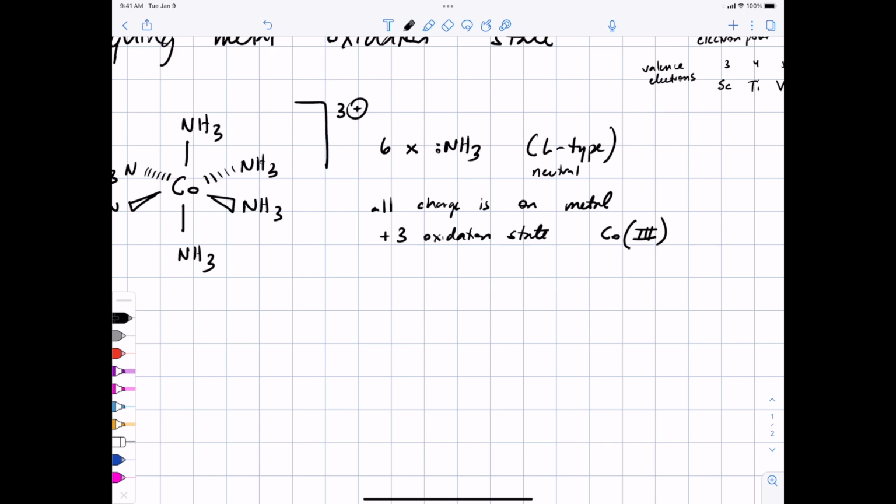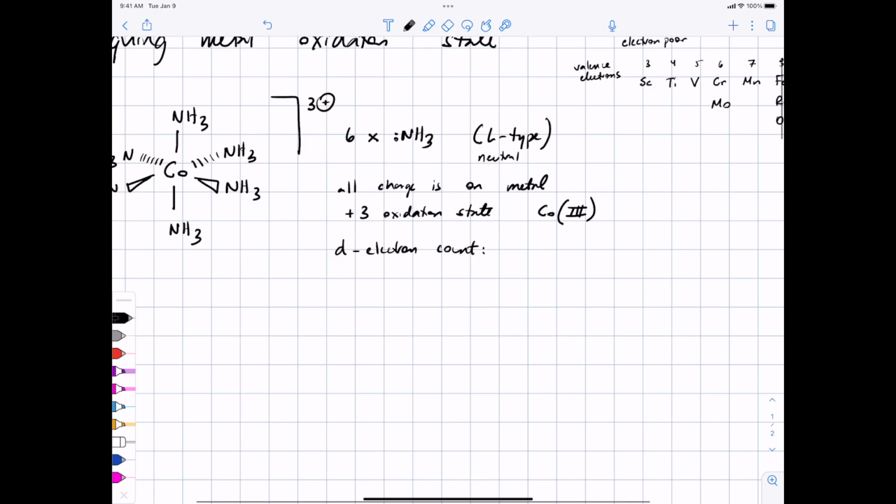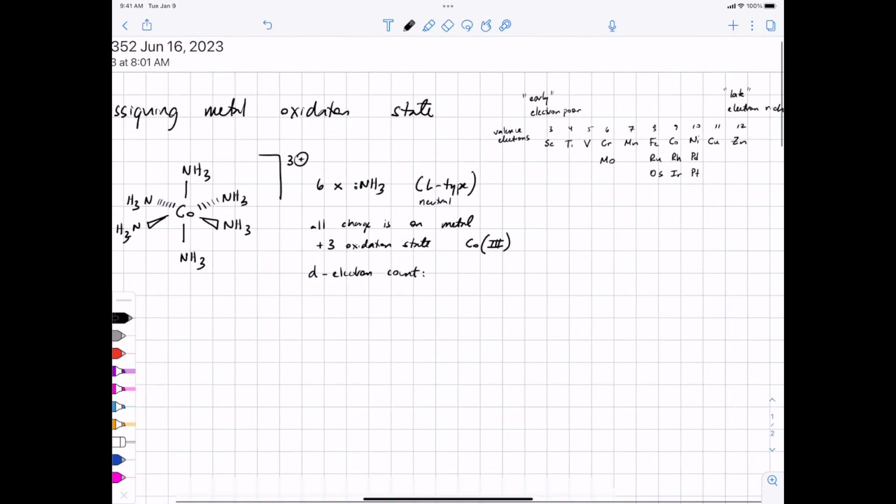Along the way, in addition to assigning oxidation state, it's useful to know how many electrons the metal has. So we call this the D electron count. This can tell you whether the metal is electron rich versus electron poor. To identify the D electron count, you have to know the number of valence electrons that usually come with the metal.